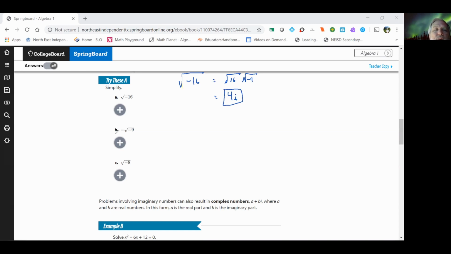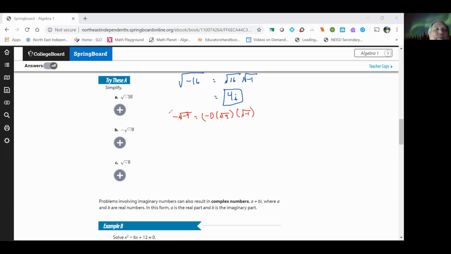So don't get confused about where the negative sign is. In this case, we have the negative square root of negative 9. So what we're going to do here is say that's just negative 1 out here times the square root of 9 times the square root of negative 1, because the square root of 9 times the square root of negative 1 is the square root of negative 9.